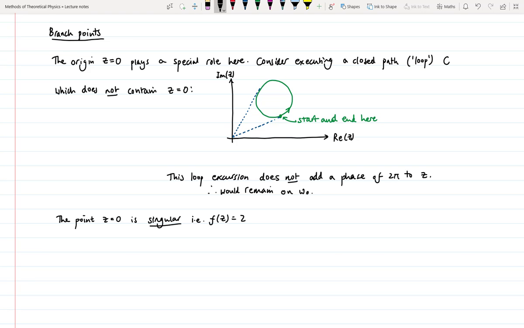The square root function does not have a derivative there, and so is not analytic at that point. You can check that with the Cauchy-Riemann equations or by differentiating z to the half directly. That'll give you a half z to the minus a half, and if you put in z equals 0, then that's undefined.